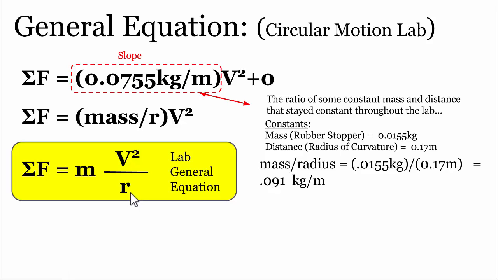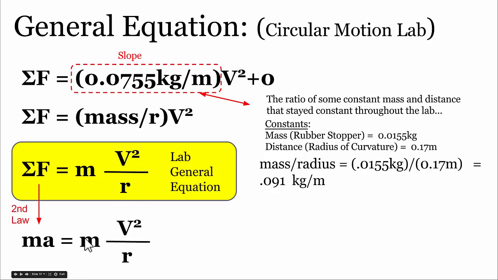Now, if you're in AP Physics 1, this equation is not on your AP Physics equation sheet. We know that Newton's second law allows us to substitute for the sum of the forces the mass times the acceleration of the object. So we write the mass of the object times its acceleration is equal to mv squared over r, and we can see that the mass variable cancels.